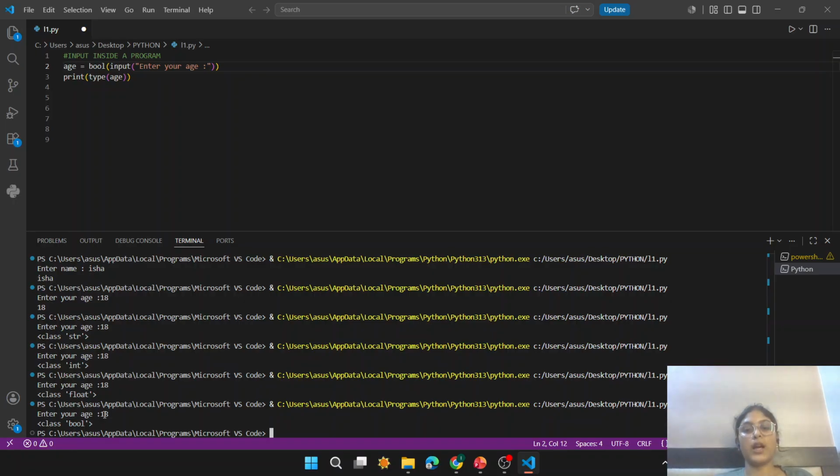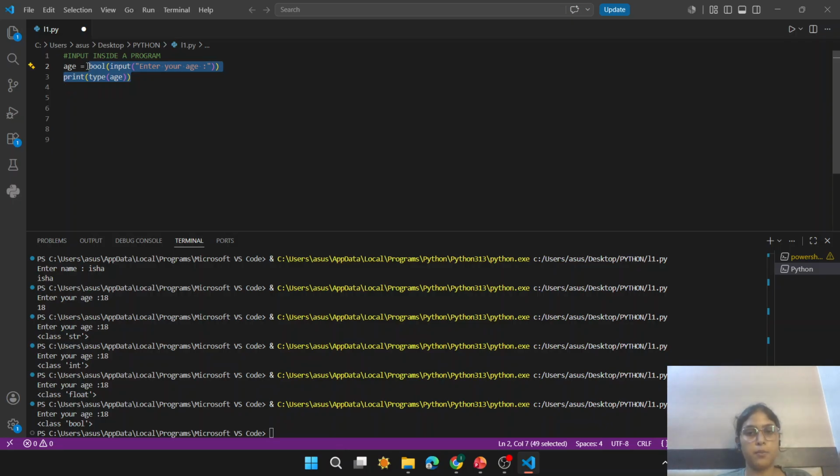Now it's a bool, I mean boolean, a short form. If you want a string, you can use str. But by default, age will be taken as a string only, because it is a default value inside the input function. So you remember that.